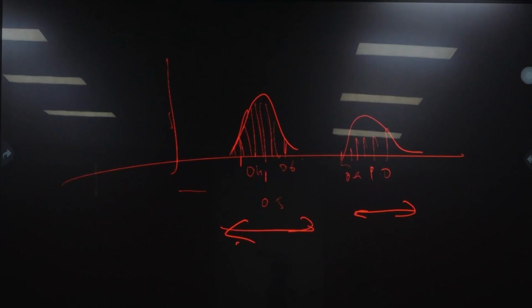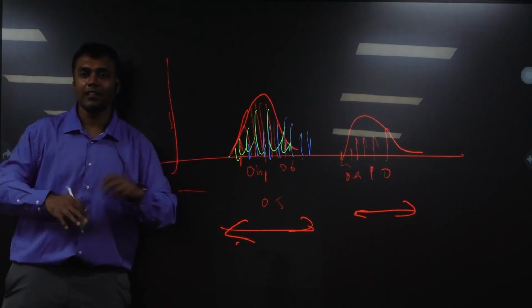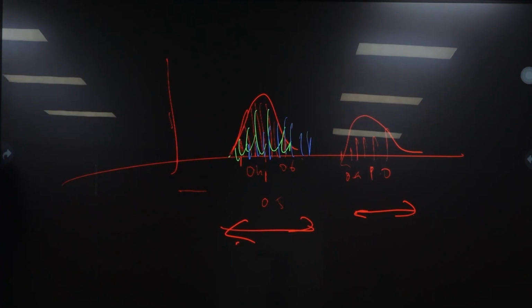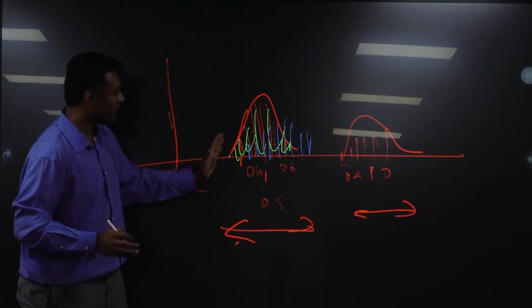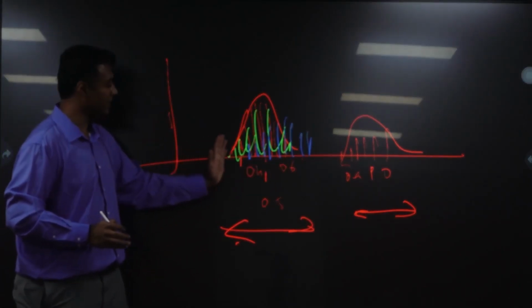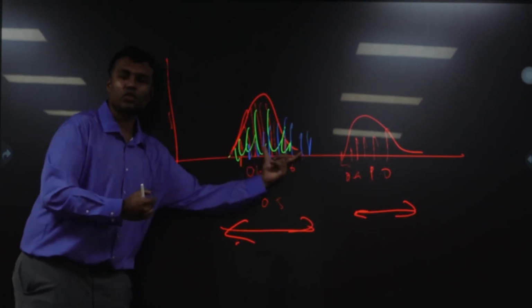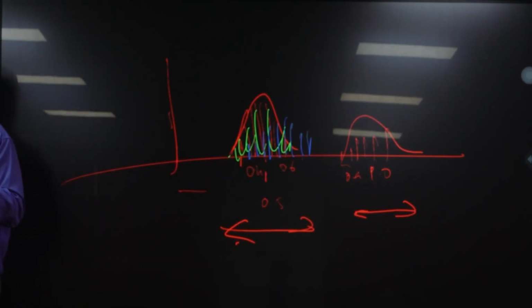In another case, it may so happen that for normal people, let's say this is the same distribution, but for abnormal, it may just be like this, with a very big overlap between the normal and the abnormal. In that case, that cannot be used as a good measure of disease. There is a range of values for normal and a range of values for disease, overlapping so much that you simply cannot distinguish the two.